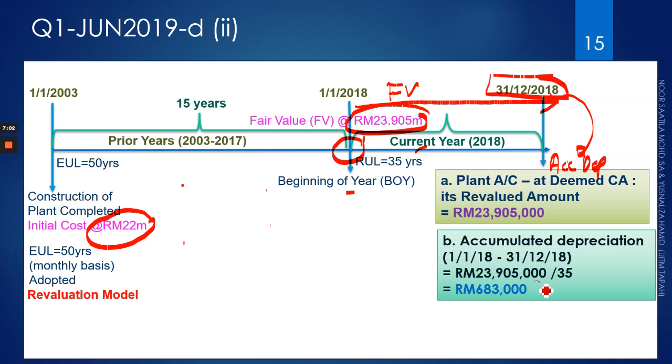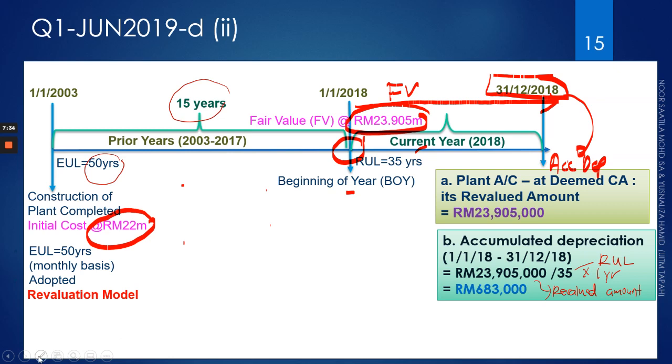So this will be based on the revalued amount, and this is the remaining useful life. Remaining useful life is when you take the 50 years minus 15 years. So the years that remain is 35 years. So if you calculate, you'll get 683, because this is for 1 year: divided by 35 times 1 year.